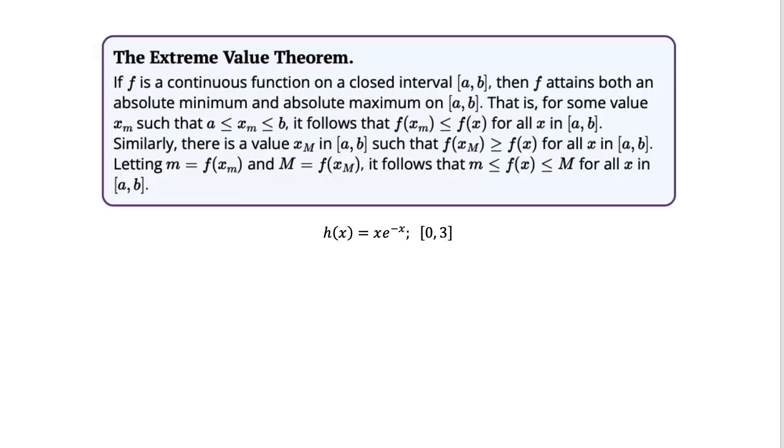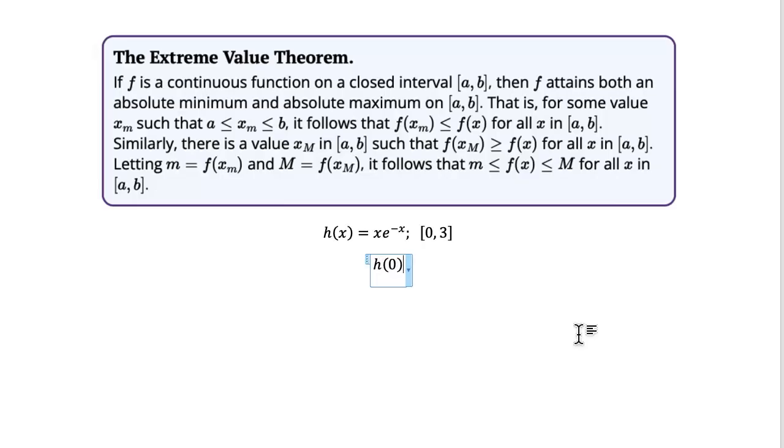So we've got this example, h of x is x e to the minus x over the interval 0 to 3. One thing you always have to remember to do when you're talking about absolute minima and maxima over a closed interval, or over an open interval as well, is you have to check the endpoints.